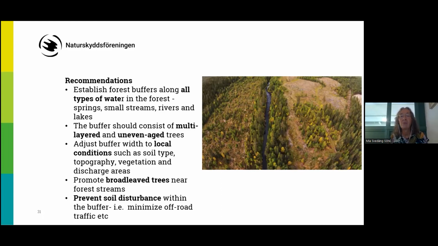And it's also important to prevent soil disturbance within the buffer, for instance, to minimize off-road traffic and so on. Not to drive with heavy vehicles close to the water, because that will really increase leakage of nutrients and different poisonous substances.